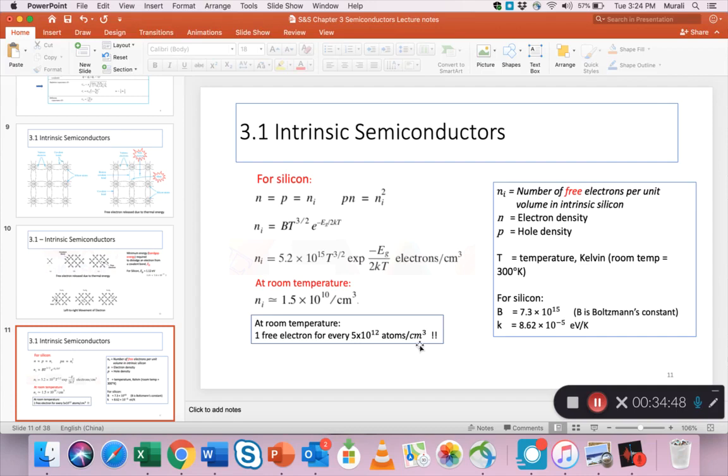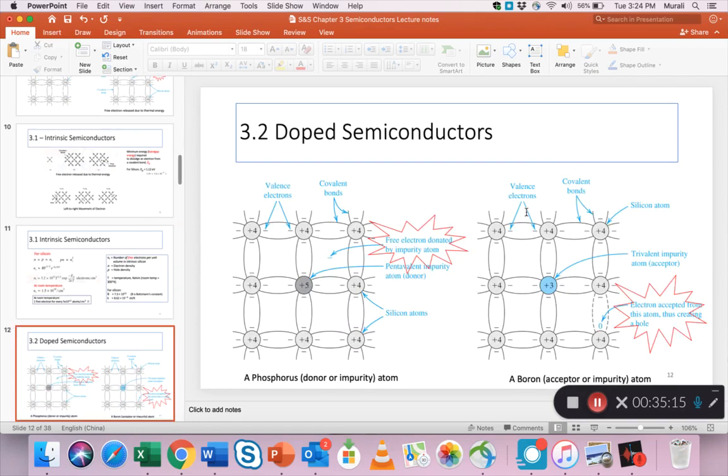So the number of free electrons, because of the presence of room temperature, is very, very small, but still much bigger than 0, of course. Okay. All right, so that was slide 11 and a quick introduction to intrinsic semiconductors and these factors, Ni, N, P, density, and all the other stuff.